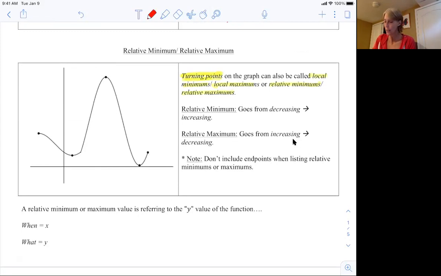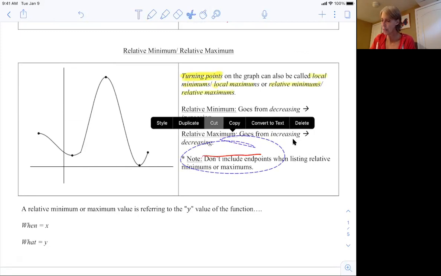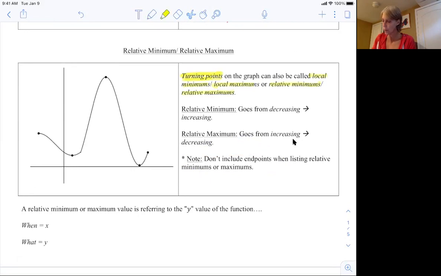So we're not going to use endpoints when we describe these values. We're only going to consider where the graph turns. A relative minimum goes from decreasing to increasing, and a relative maximum goes from increasing to decreasing.